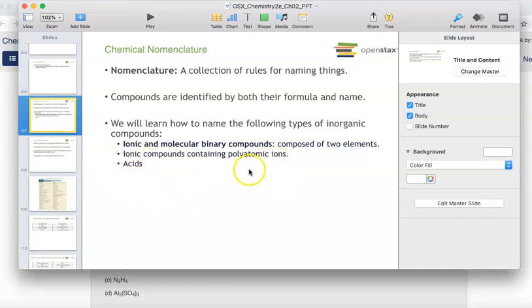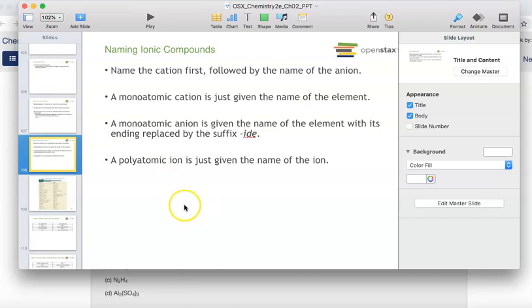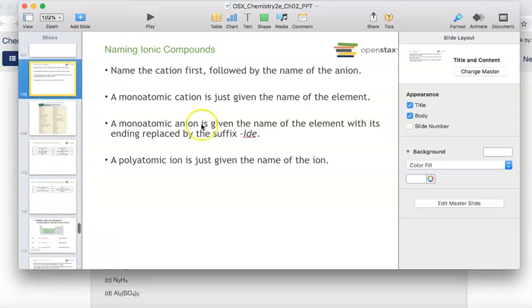We've already talked about naming ionic compounds, so we're going to review that, and then naming compounds with polyatomic ions, which we also talked about on Wednesday. Then we'll jump into naming molecular compounds and acids. When we're naming ionic compounds, we name the cation first, followed by the name of the anion. If you have just a monatomic cation, it's just the name of the element.